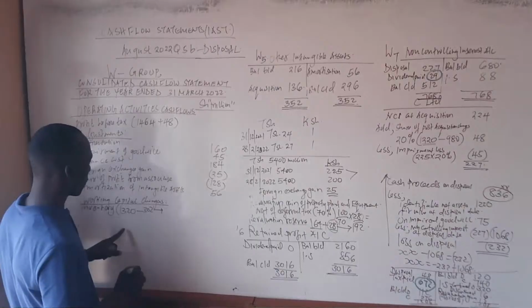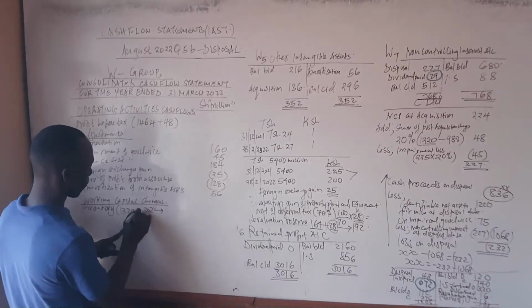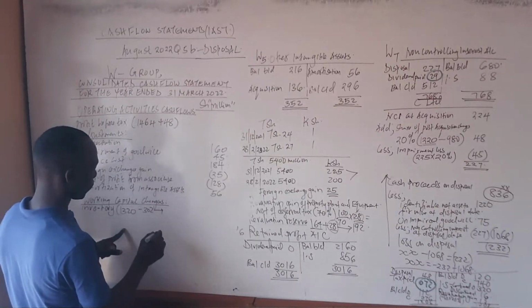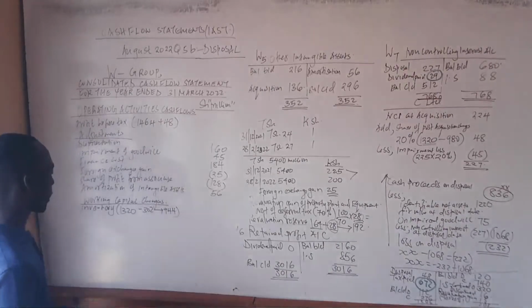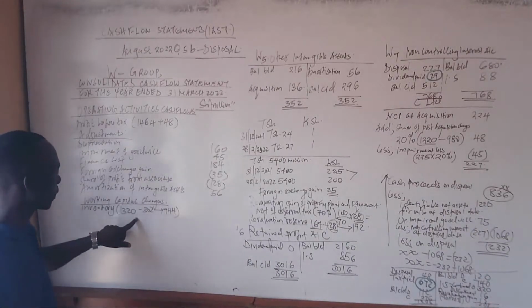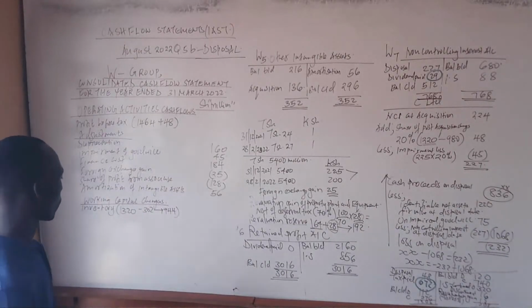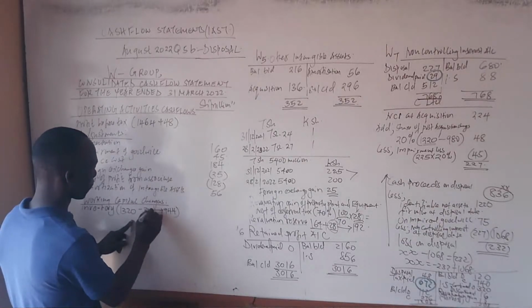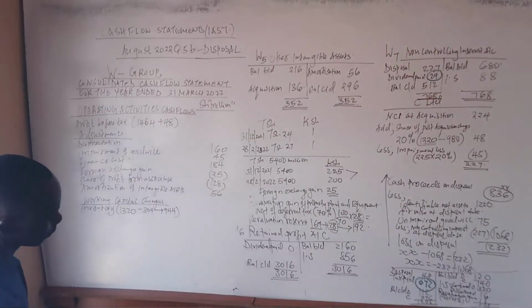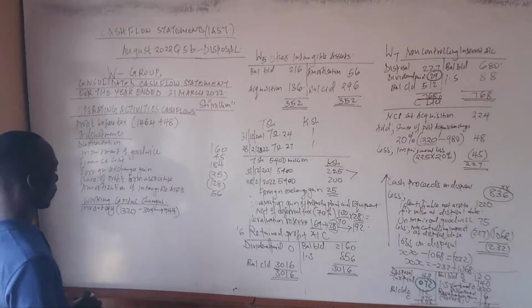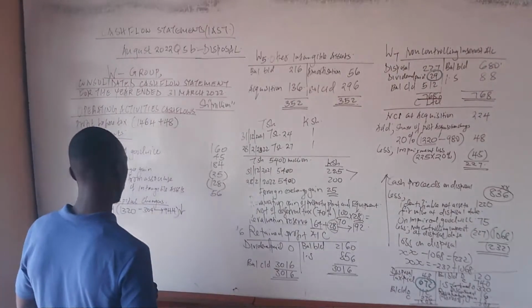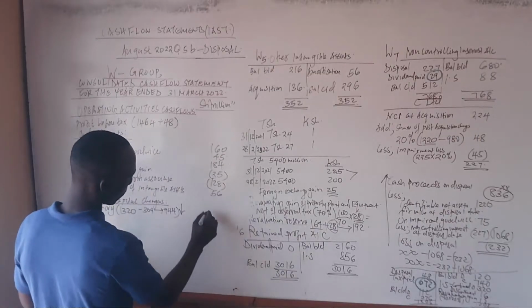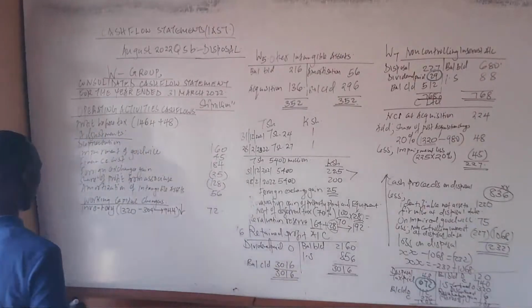Then at the end we had 944. Take 1320 minus 304, so 1016. Has it increased or decreased? Decreased, minus 944, by 72. So we have sold more by 72.